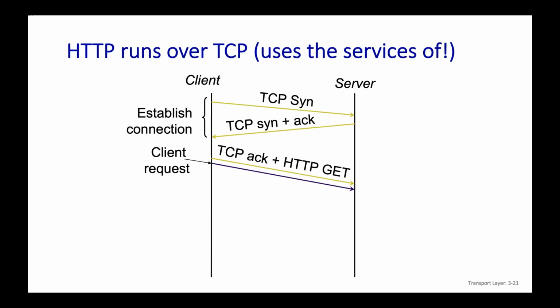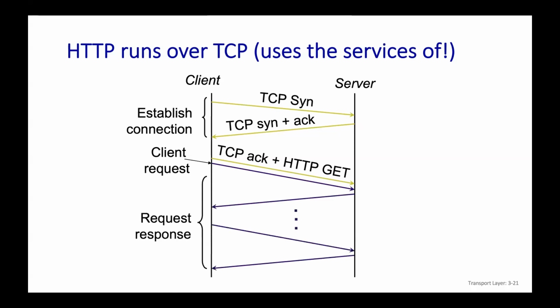HTTP has different types of requests, and the HTTP GET request is one type. You send the HTTP GET request and then you get the response. Maybe it will send subsequent requests and get the responses.